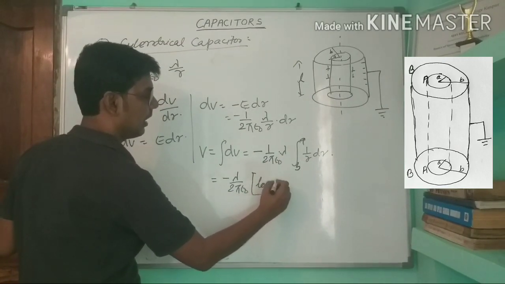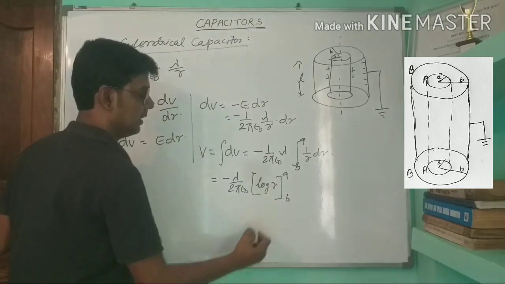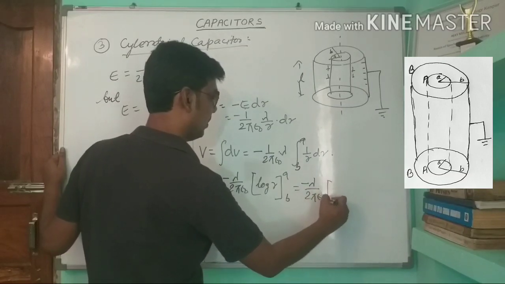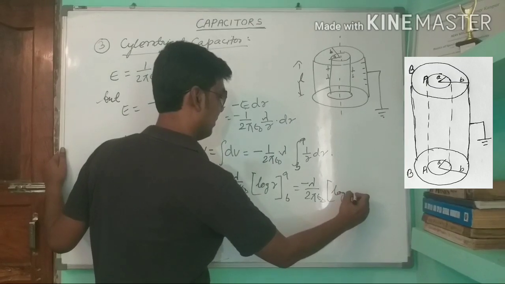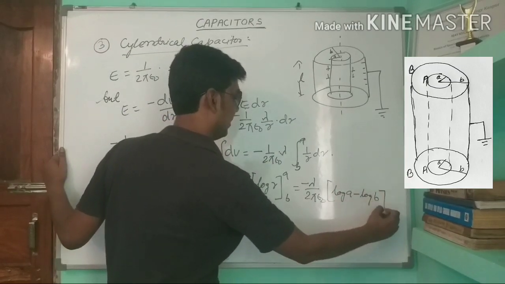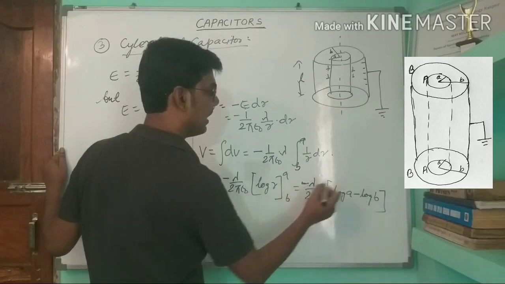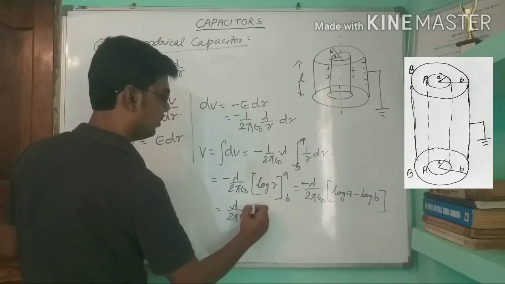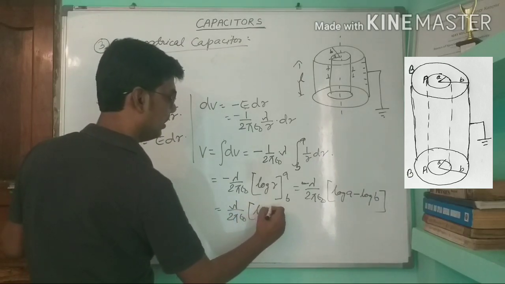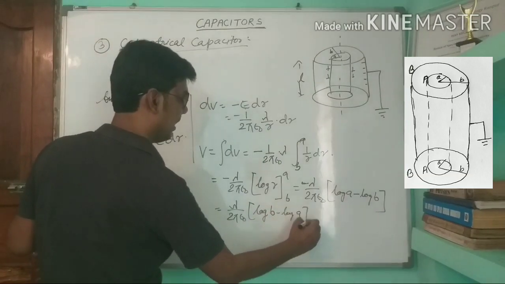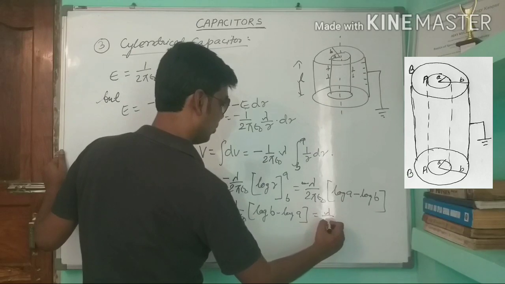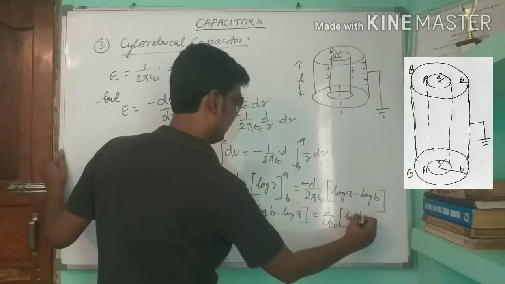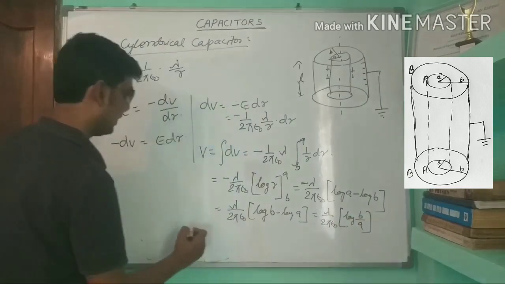Log r, from A to B. That is equal to minus lambda by 2 pi epsilon 0 into log A minus log B. Move this sign inside, then it will be lambda by 2 pi epsilon 0 into log B minus log A, and we can write lambda by 2 pi epsilon 0 log B by A.